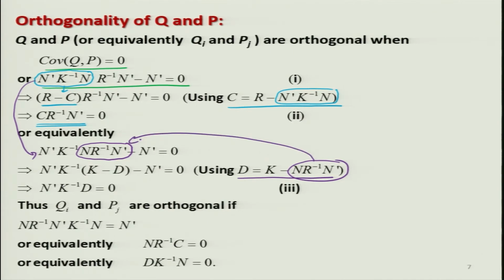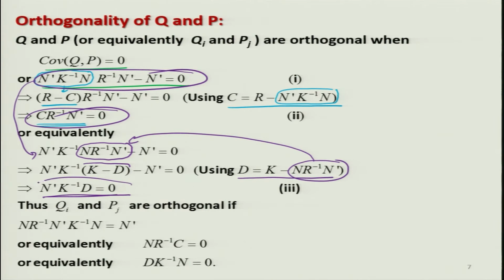So, we substitute in this term K minus D, and we simplify it, then we get one more equivalent condition, which is N transpose K inverse D is equal to a null matrix. So, now we have three conditions. This is the first condition that we have written, this is the second condition, and this is the third condition.